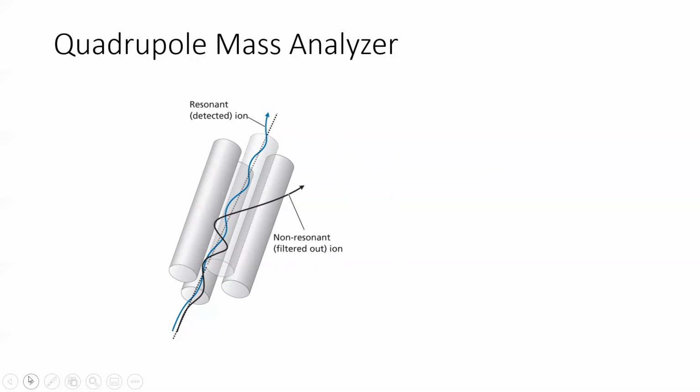And so let's say that these two rods are connected, and that these two rods are connected. And so one of these will be a plus and one of these will be a minus. And you'll have some RF frequency, which also has some DC voltage applied.